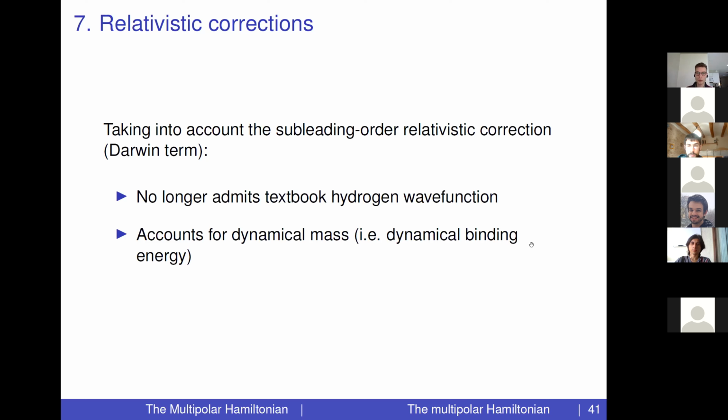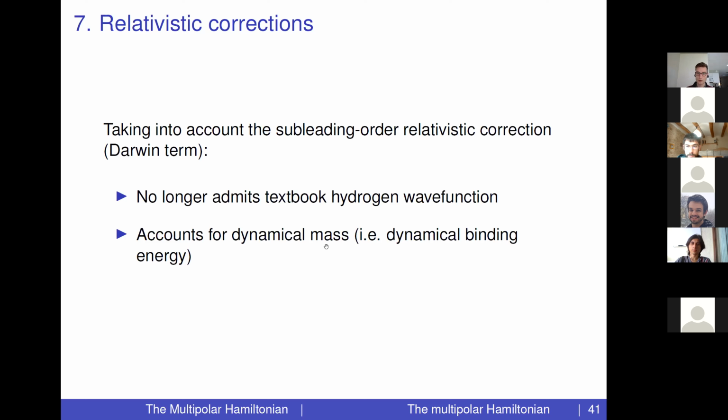But the important point of this relativistic correction is that one can account now for dynamical mass of the atom. In principle, if you were to study forces acting on the atom, you would find that you will have vacuum friction forces acting on the atom in the leading order non-relativistic approximation.